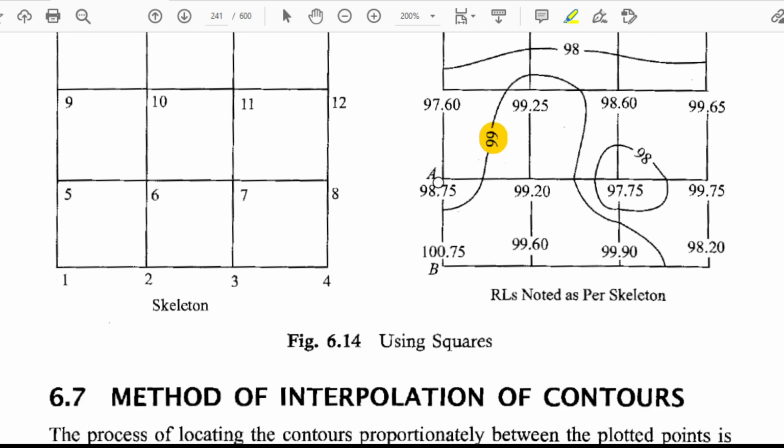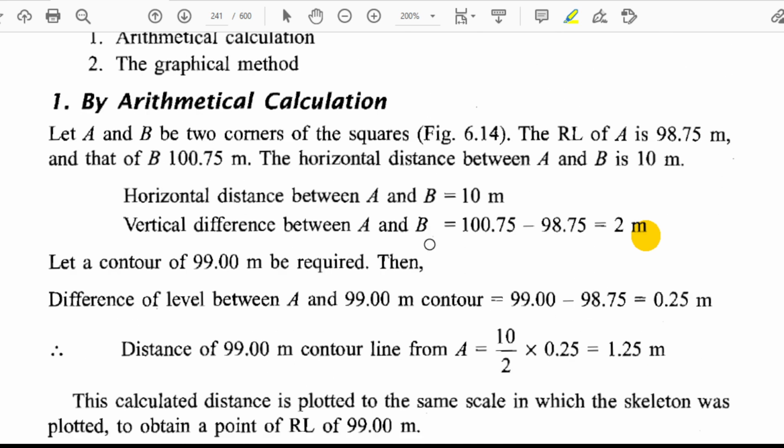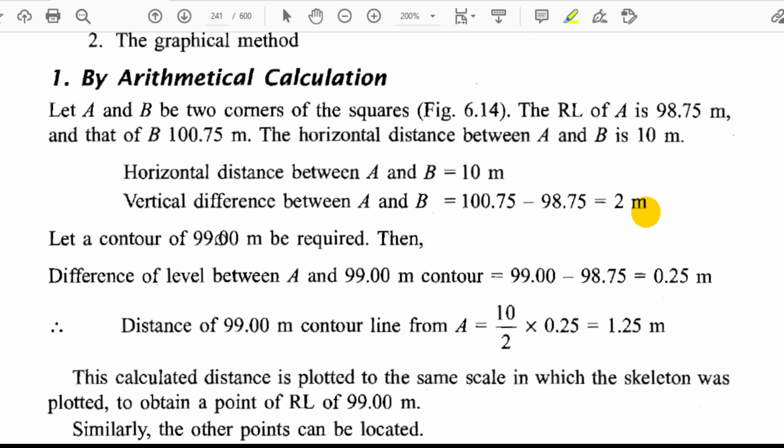Adding some value to 98 gives the 99 contour, and the 100 contour also lies between. So we can plot these contours here, and for that we have to do interpolation. Let the contour of 99 meters be required. Then the difference of level between A and the 99 meters contour we can find out using the same method: 99 minus 98.75 equals 0.25 meters.